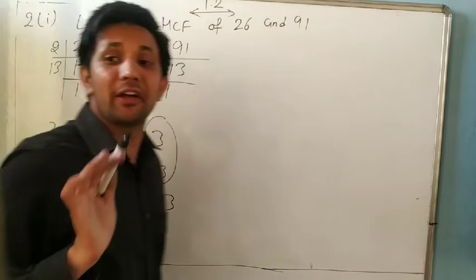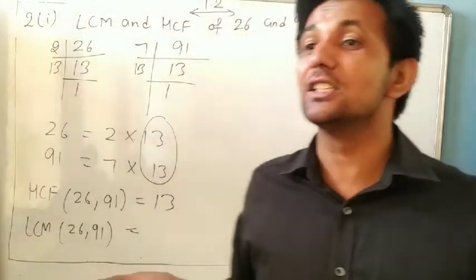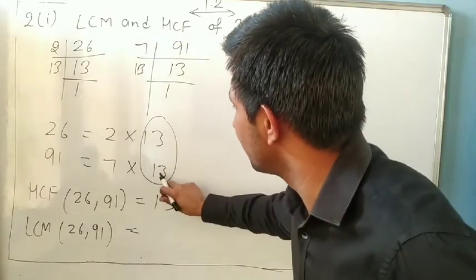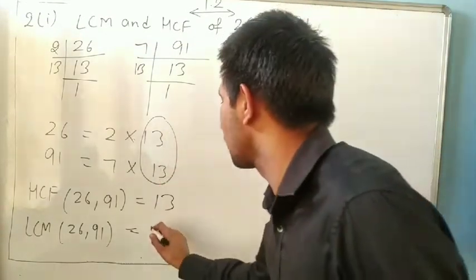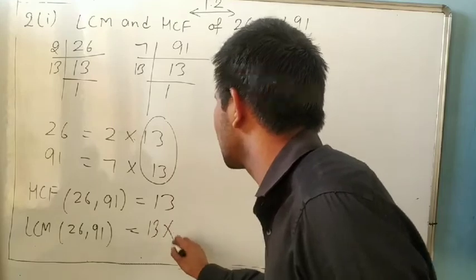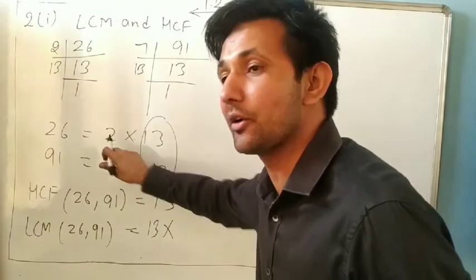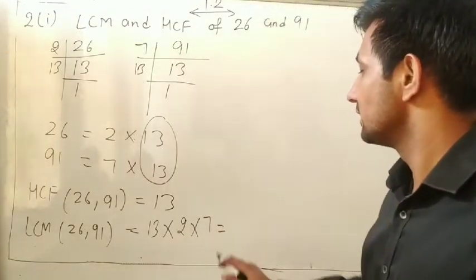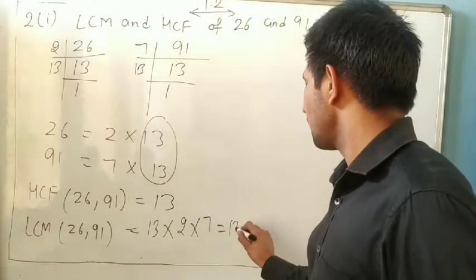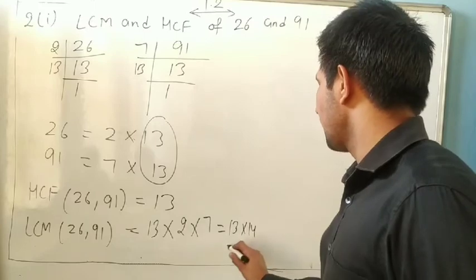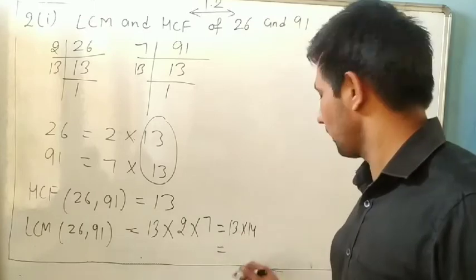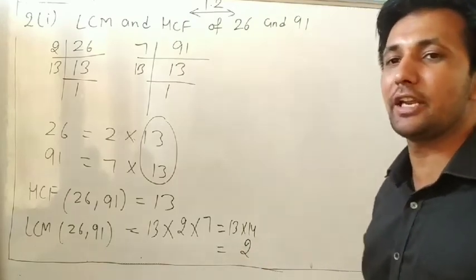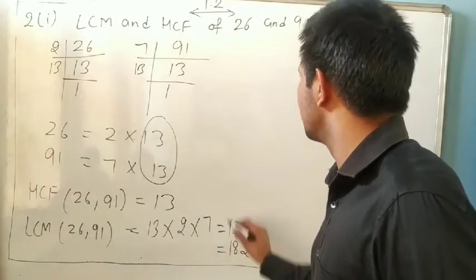LCM is the product of the greatest power of each factor. 13 has greatest power 1, and the other factors are 2 and 7. So 7 into 2 into 13, which is 14 into 13. 13 into 4, 52. 13 into 1, 13, plus 5, 18. So LCM is 182.